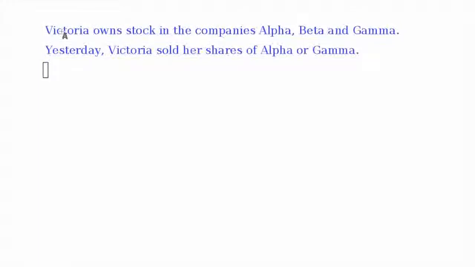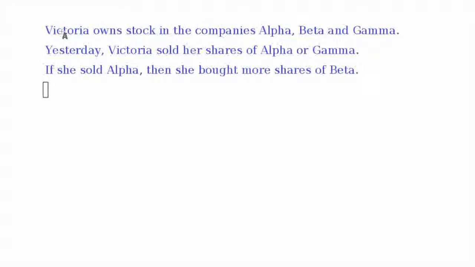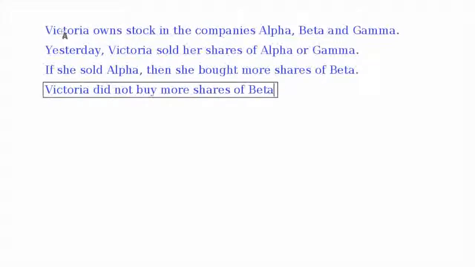Somehow you also know this convoluted statement, but it's still a true fact: if she sold alpha, then she bought more shares of beta. Victoria did not buy more shares of beta.